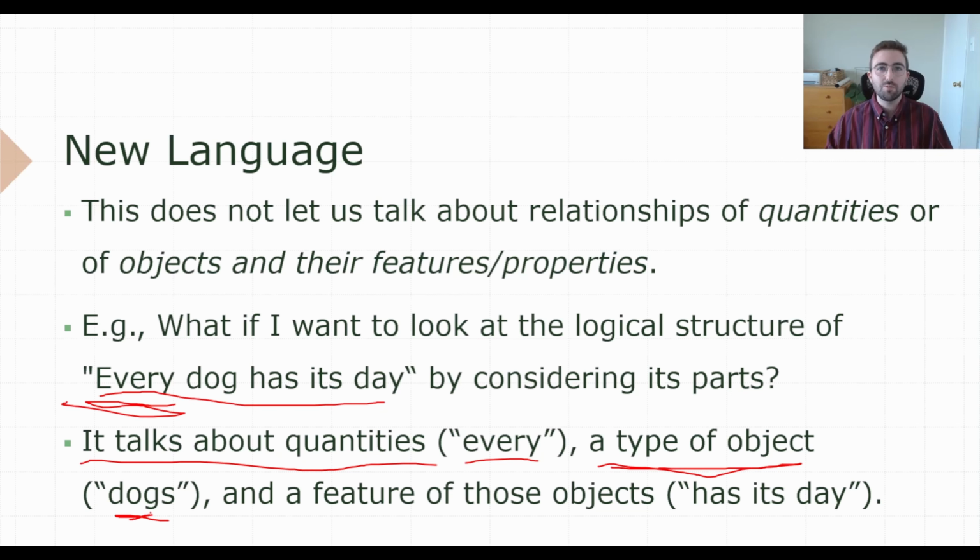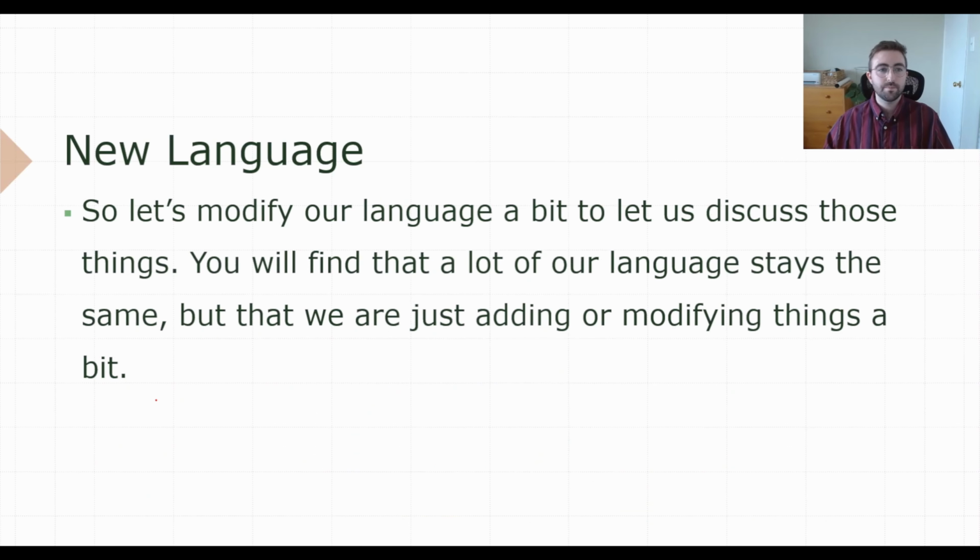We're just using the word object to mean like a thing. So like a human could be an object, the color green could be an object, whatever. And we also need this new language to talk about features of those objects. So in this case, the feature is has its day. That's a feature of every dog according to this sentence. Every dog has its day. So we need new language, right, to talk about these things, these parts of the sentence, of the proposition.